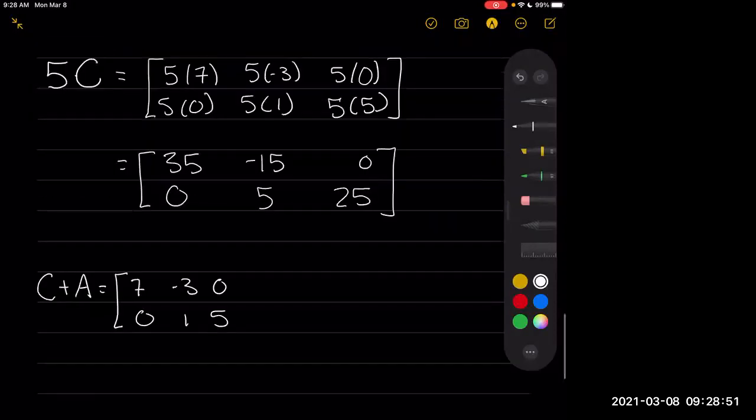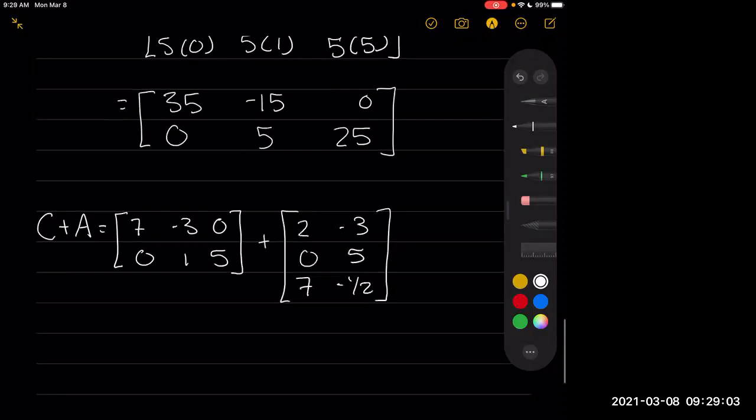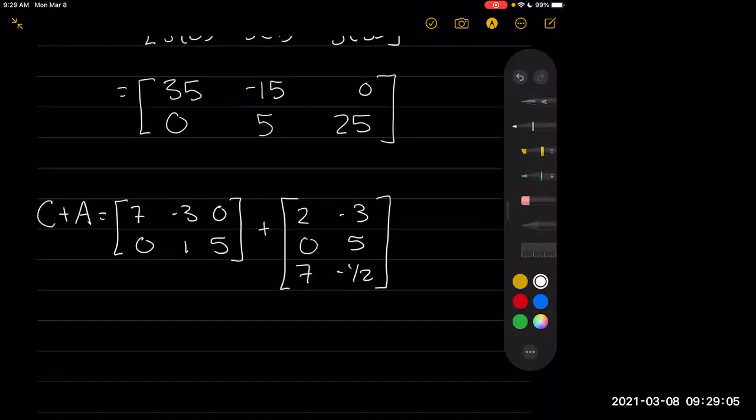Okay. Plus, and then our A was 2, -3, 0, 5, 7, -1/2. So since they don't have the same dimension, when we start trying to add, we'll have 7 plus 2, -3 plus -3, and then 0 plus... there's nothing here.